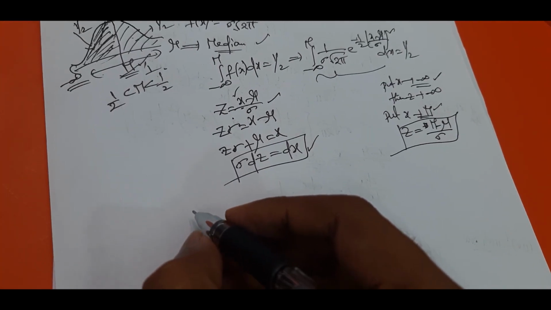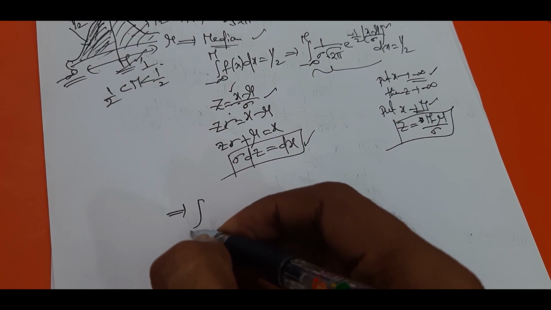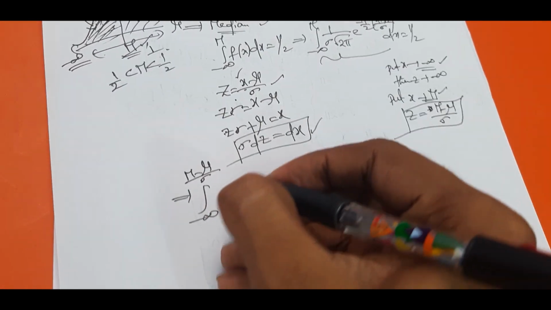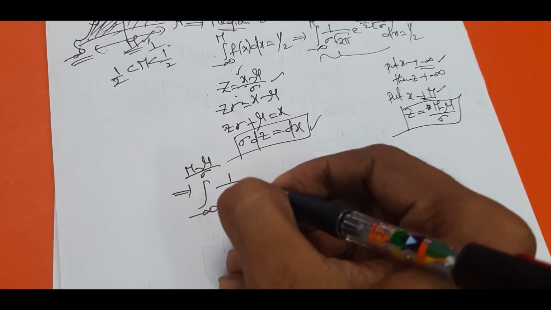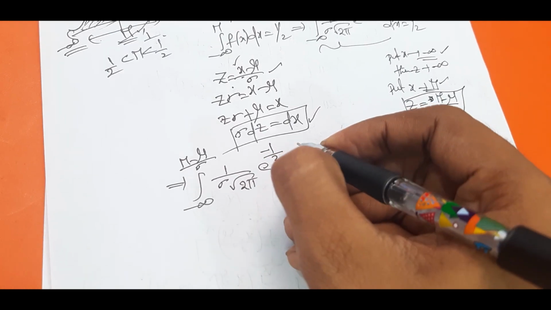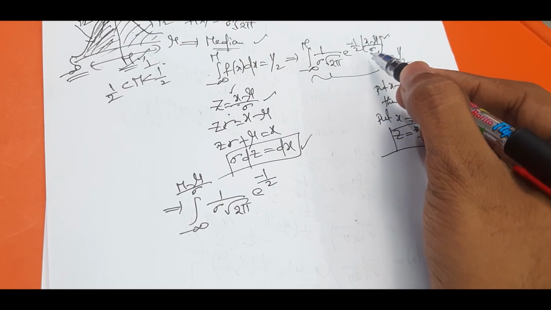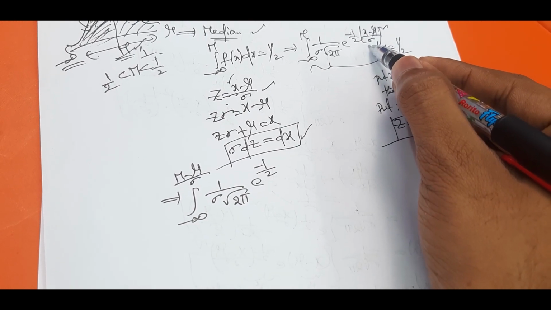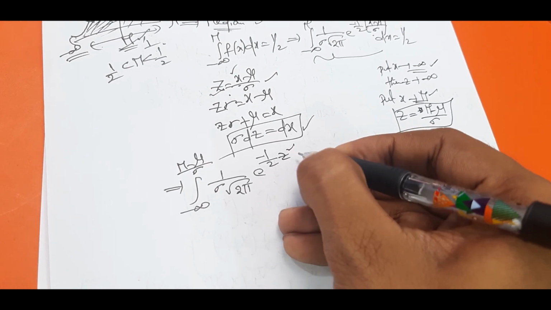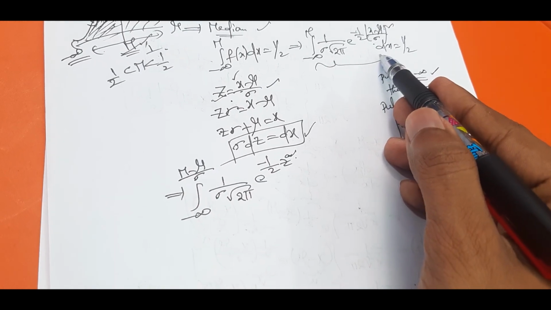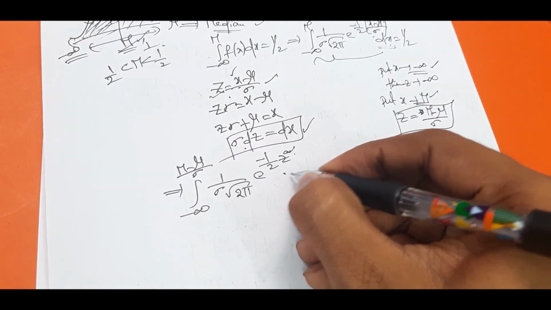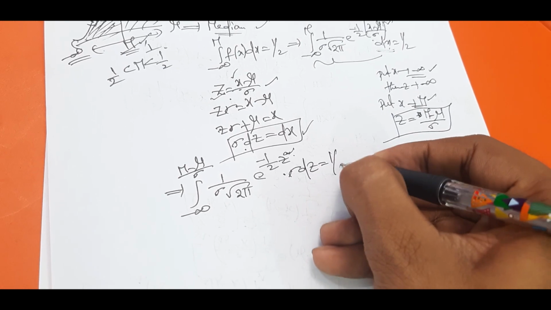Now this becomes the integration from minus infinity to m minus mu divided by sigma of 1 divided by sigma root 2 pi into e power minus 1 divided by 2 into, in place of (x minus mu divided by sigma) whole square, replace it with z square, and in place of dx we replace it with sigma dz, equal to 1 divided by 2.